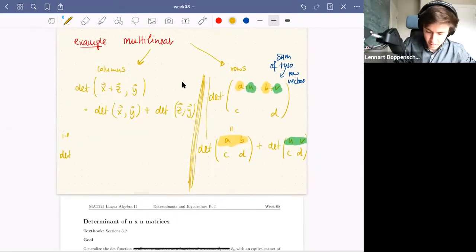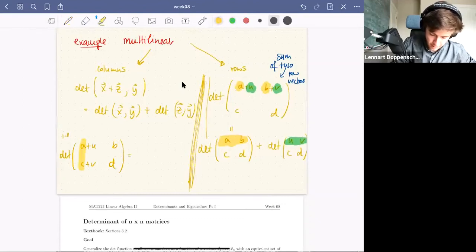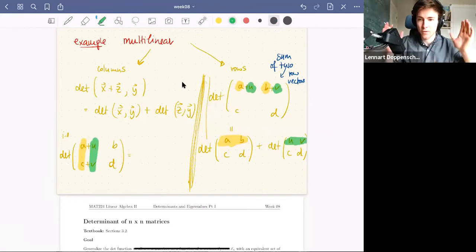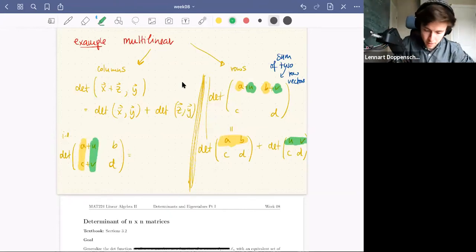On the left-hand side, we have the determinant of A, B, C, D. But we add another column. So this means we had to have A C, and we would have U V. So this is the sum of two columns, both together in the first column of this 2x2 matrix.